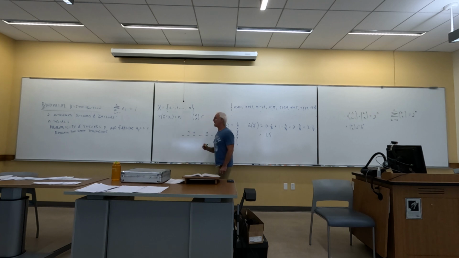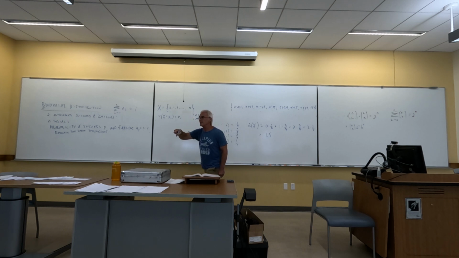How many times was I unsuccessful? If there's n trials and I'm successful x times, I'm unsuccessful n minus x times. This is the probability of any particular outcome in a binomial experiment.